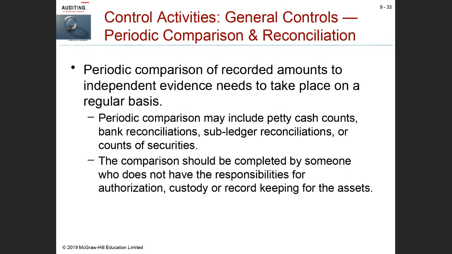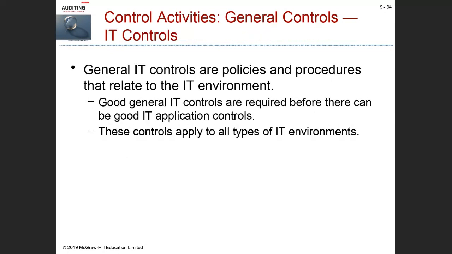So again, the person who's doing the bank reconciliation should not have authority to record checks or deposits, should not have physical control over cash, so they should not be making deposits at the bank. They should not be involved in the check writing process. All these things have to be properly separated from each other. And then on top of that, having comparison and reconciliation helps to ensure the accuracy of the accounting records.